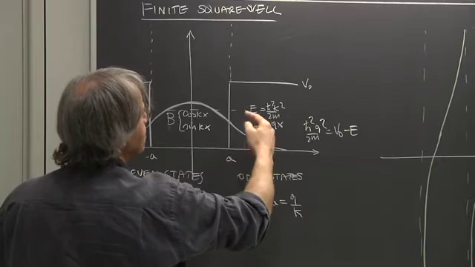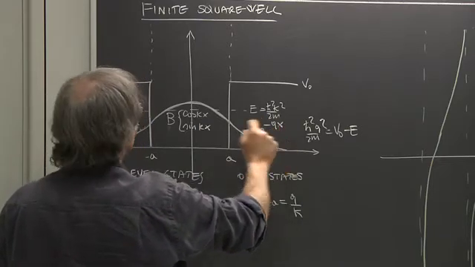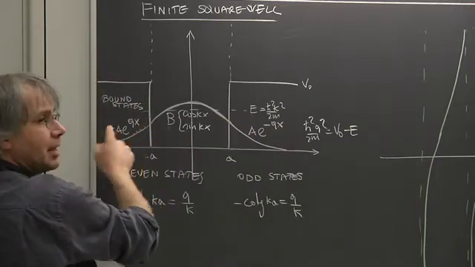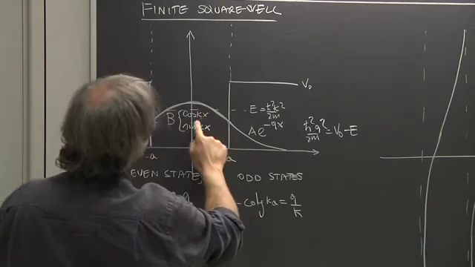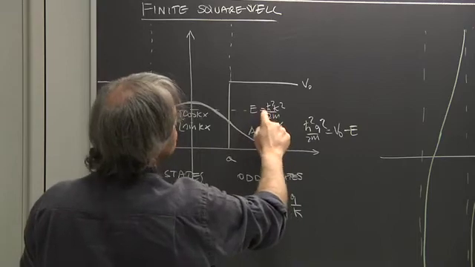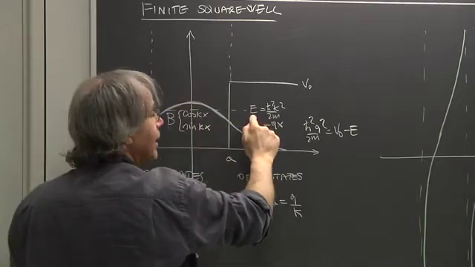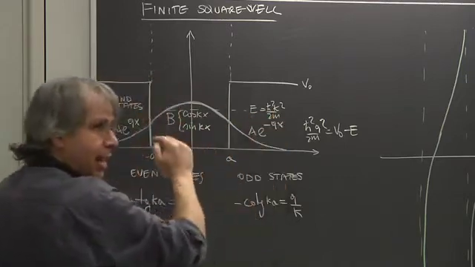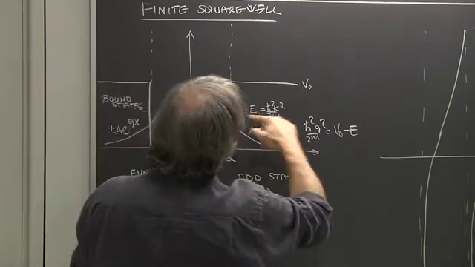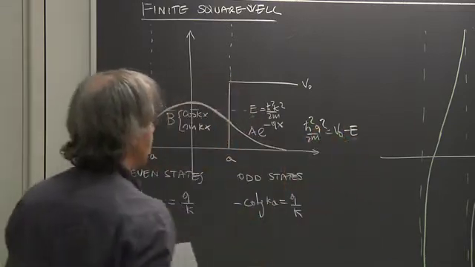Outside, it must be an evanescent wave, so a e to the minus qx, and here plus or minus the same, depending on even or odd. K is related to the energy directly: the energy is just h bar squared k squared over 2m. I remind you, we have to find the energy, or the K, because this is a discrete state that we have to find. And Q is also related to the energy.